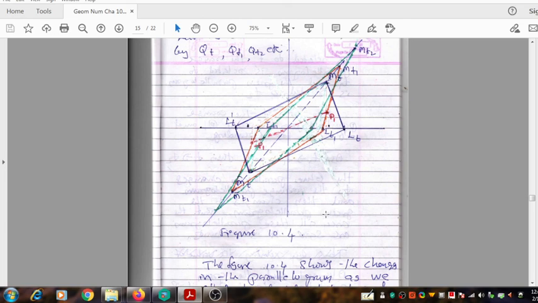Now suppose this lattice point belongs to this parallelogram. You have to fix the position of the lattice point somewhere inside the parallelogram, excluding the diagonal.